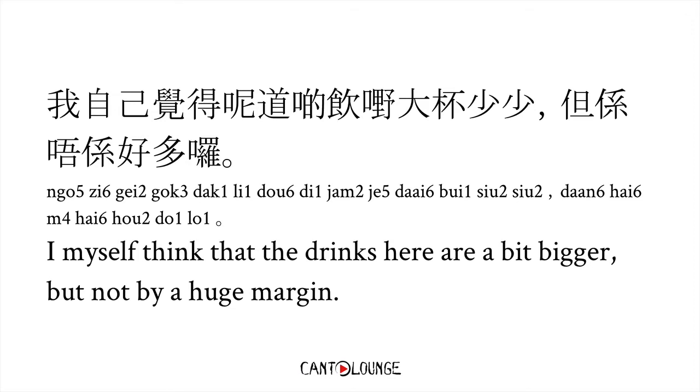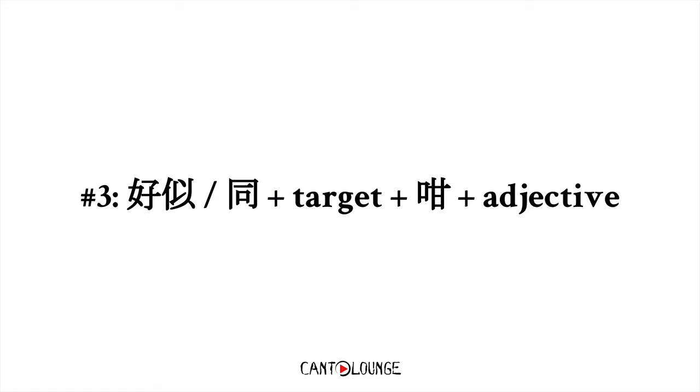Okay. So moving on, number 3, we have this pattern. So you can add 好似 or 同 and then target. By target I mean a target of comparison. So it's typically a noun, something that you're comparing the current thing with. 咁 plus adjective.